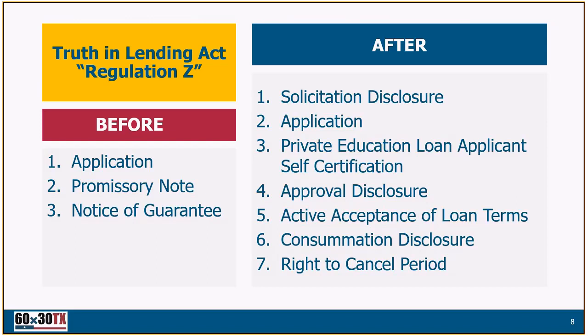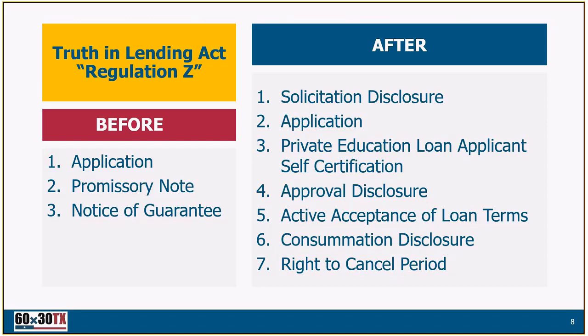But the Truth in Lending Act was enacted back in 1968 by the Federal Reserve Board, and it's a federal consumer protection law designed to ensure that individuals understand any financial agreements they enter into. It ensures that lenders disclose important information about loans like the rates, the fees, and other terms and conditions, and it also forbids lenders from pushing consumers into loans or financial products that would benefit the lender.